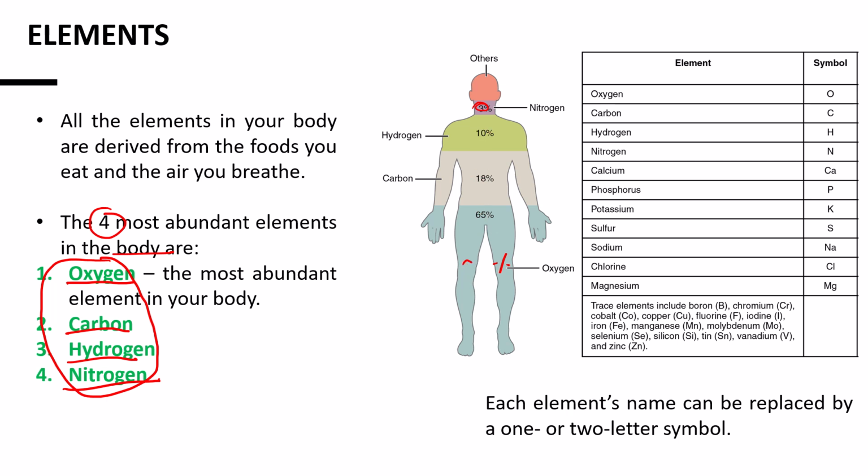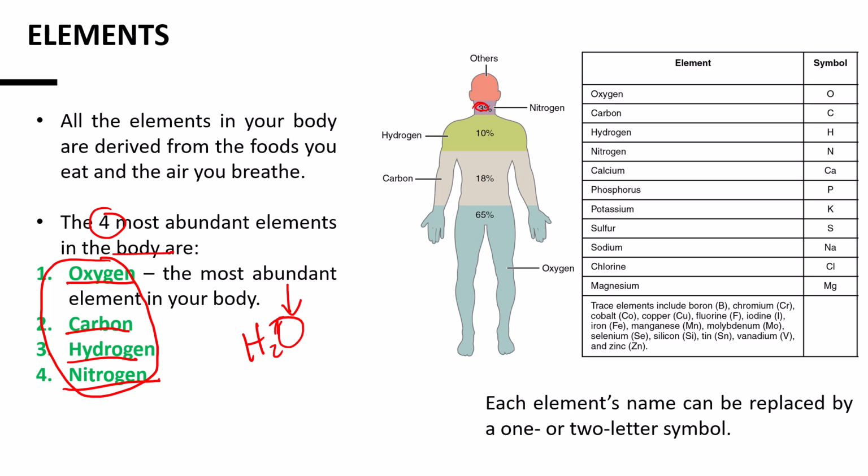Now, remember that sometimes elements are not just isolated, meaning they're not just alone. For example, if somebody asks about one of the most abundant substances in the human body, some of you might say water, right? And you're correct. But water is H2O. So really what you have there is one atom of oxygen, and to that oxygen you have 2 hydrogen atoms that are bound to the oxygen.